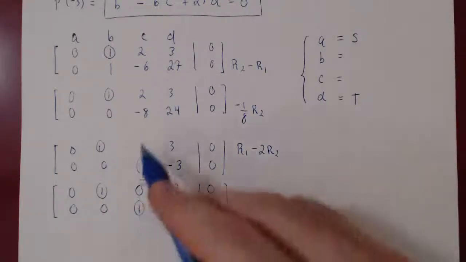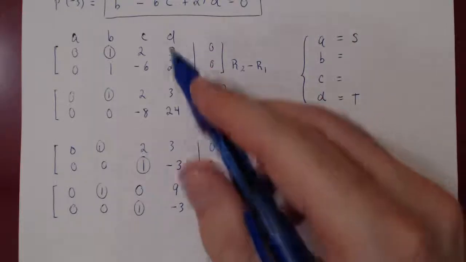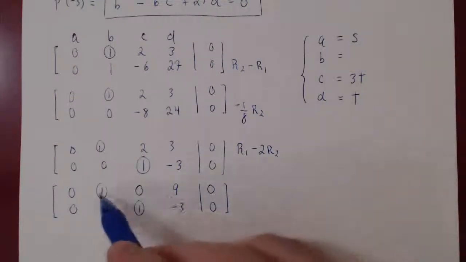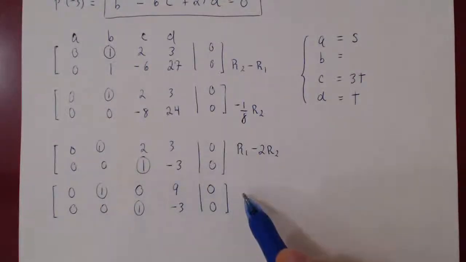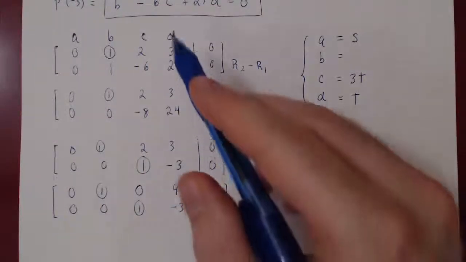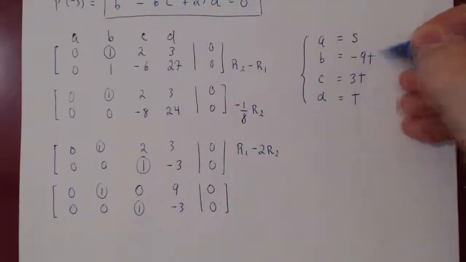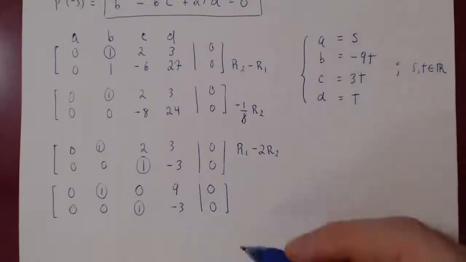And now if you solve for c, c will be positive 3d, which is t, so it's going to be 3t. And if you solve for b, you will get negative 9d, negative 9t. And s and t are parameters, so they can range over all real numbers. And now we have solved for our coefficients.